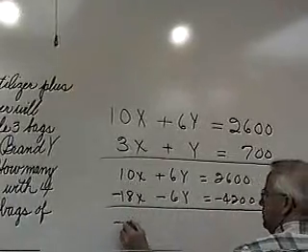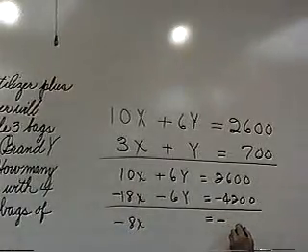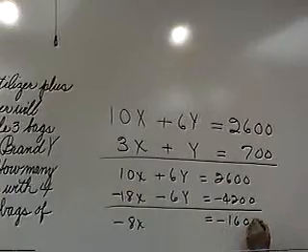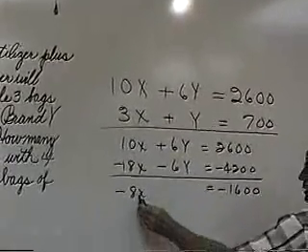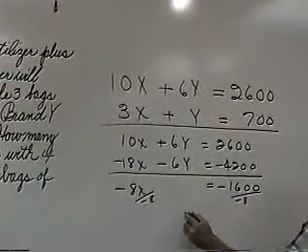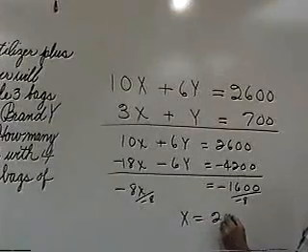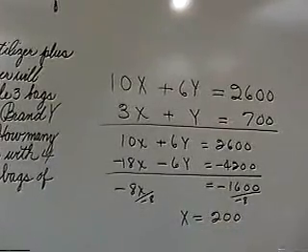Now adding these, we get a minus 8x. Over here we get a minus 1600. And now how do we solve for x? This is connected by multiplication, therefore a divide. And so x is equal to 200.